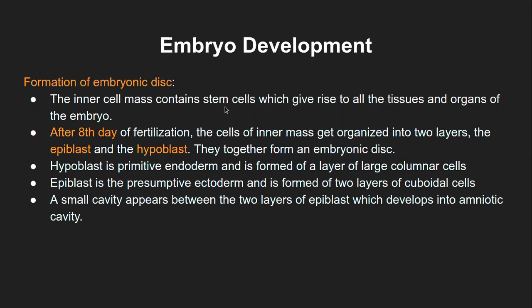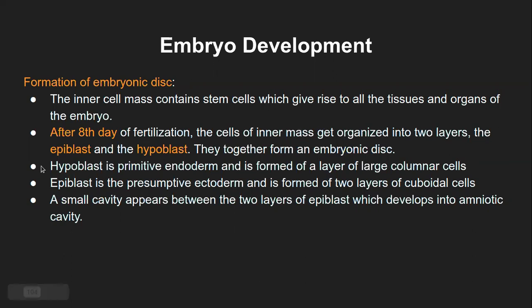This embryonal knob has the nature of stem cells. They are not differentiated yet. Differentiation means they can only give rise to certain types of cells, but not all of them. So these are undifferentiated cells, which is why they can give rise to all different types of tissues or organs of the embryo.